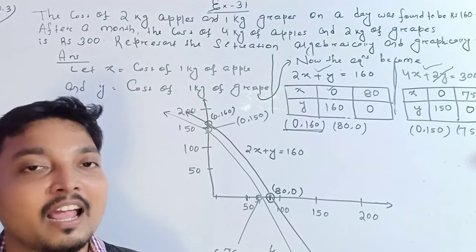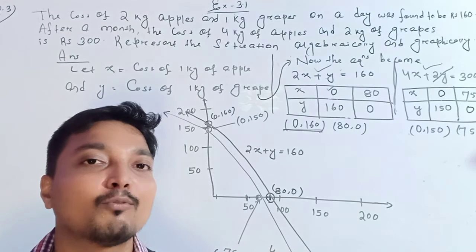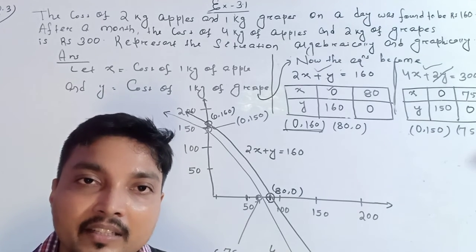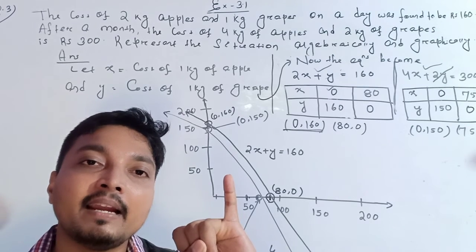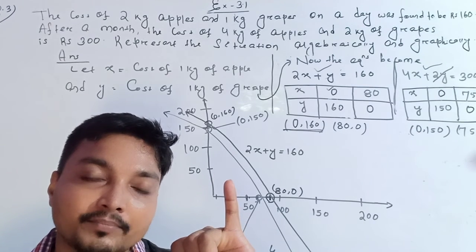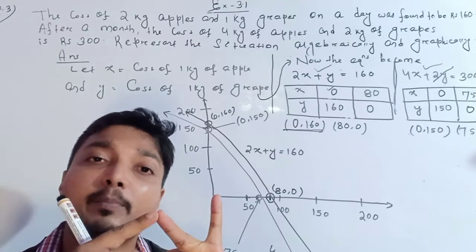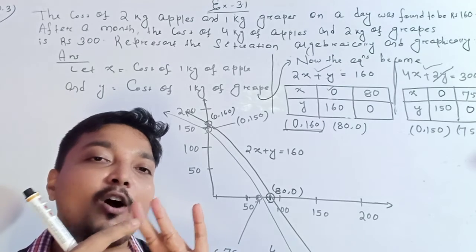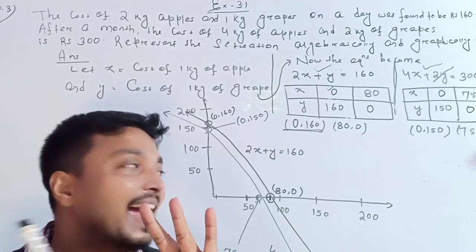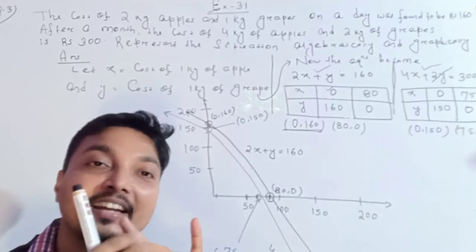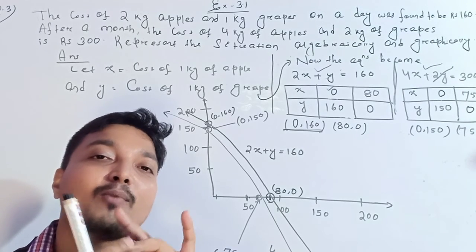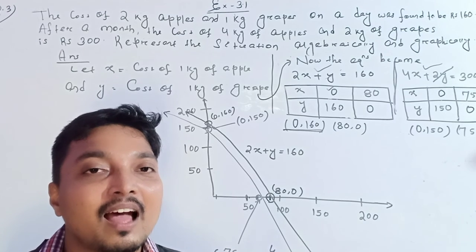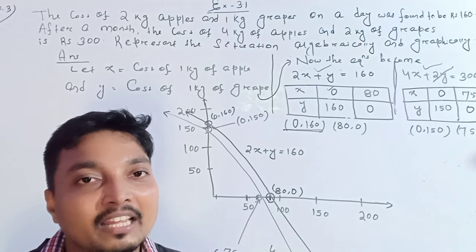Previously I have already said that when showing the graphical representation of a pair of linear equations, the lines will either intersect at a point, or not intersect, meaning parallel, or both coincide. Here the possibility is that both do not intersect, so both are parallel. Understood or not understood? I feel that this question is very easy and you understood well.